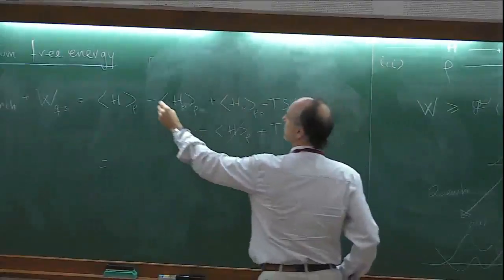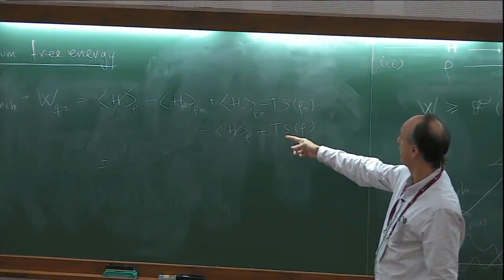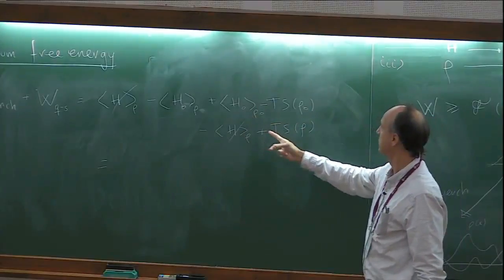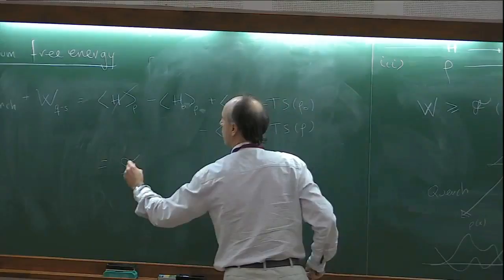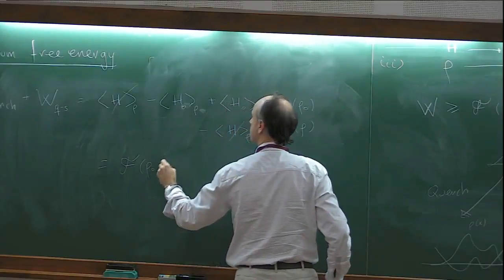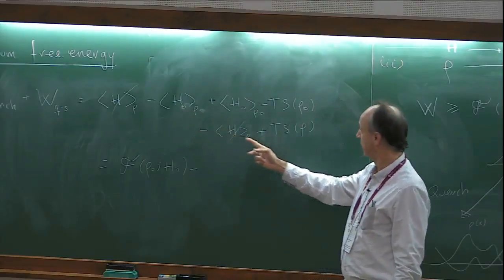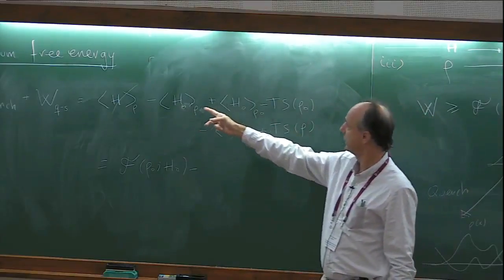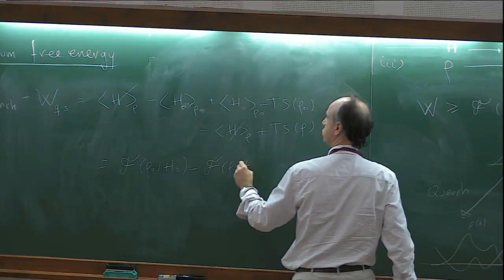And you see that here this cancels, and I get precisely the free energy of the last one, which is this one. Minus, and this is non-equilibrium stuff, the free energy of the initial setup.